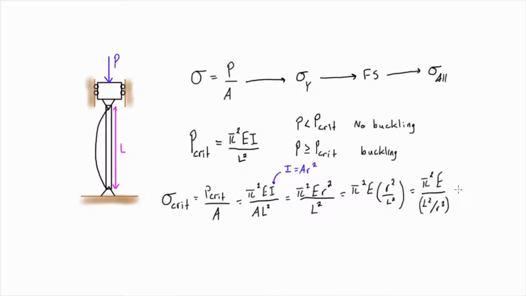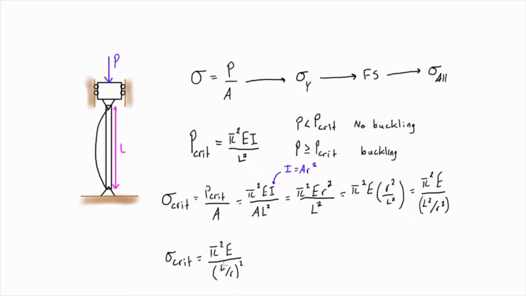And that can also be written with the square brought out: the critical stress is equal to pi squared E over L over R, squared.